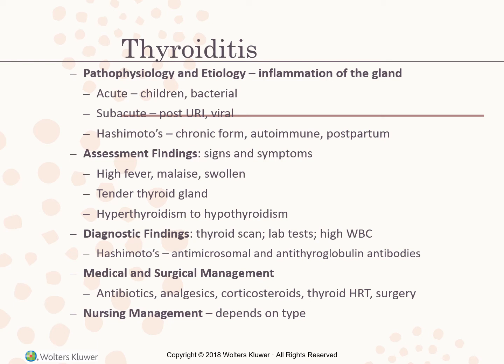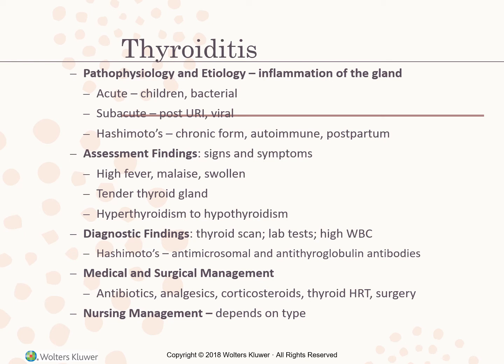In assessing, the signs and symptoms of acute thyroiditis include high fever, malaise, and tenderness and swelling of the thyroid gland. Subacute thyroiditis produces symptoms of a swollen and painful or painless gland. Chills, fever, and malaise approximately 2 weeks after infection accompany thyroiditis of a viral etiology.